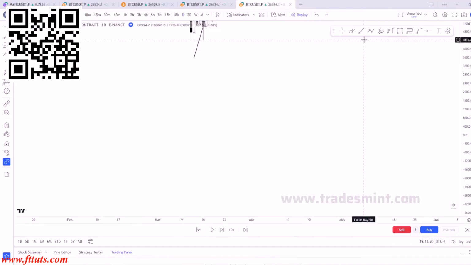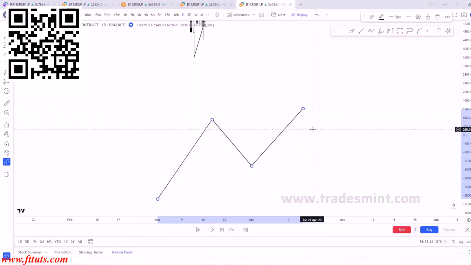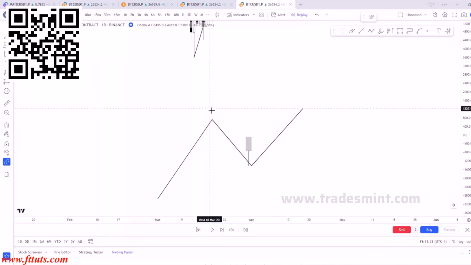So as an example, if this is your high and you see something like this, and this happens to be the lowest point right here, between those 2 points where it was touched finally, I don't care if it's touched with a close or a wick, as long as it was touched, that's all that matters.